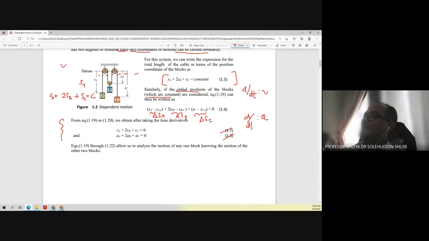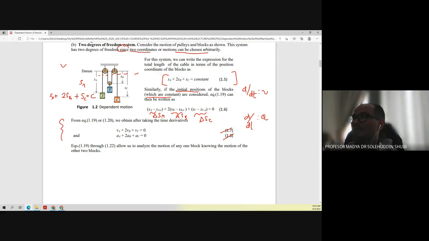So by having this, it allows us to analyze the motion of any block, right? Knowing the motion of the other two blocks. Okay, all right, this is 2 degrees of freedom.